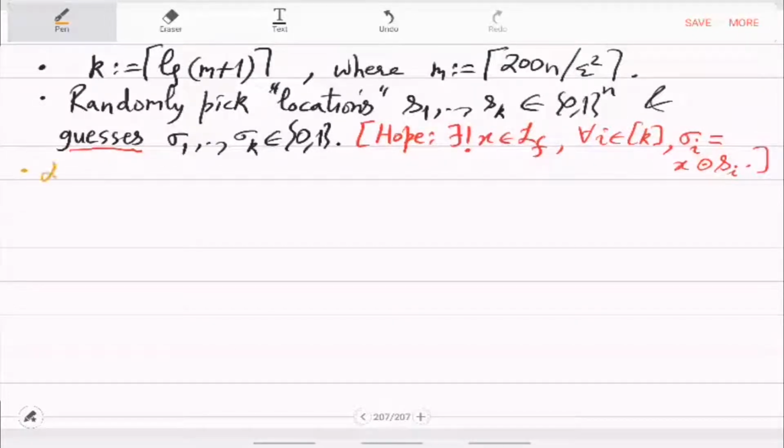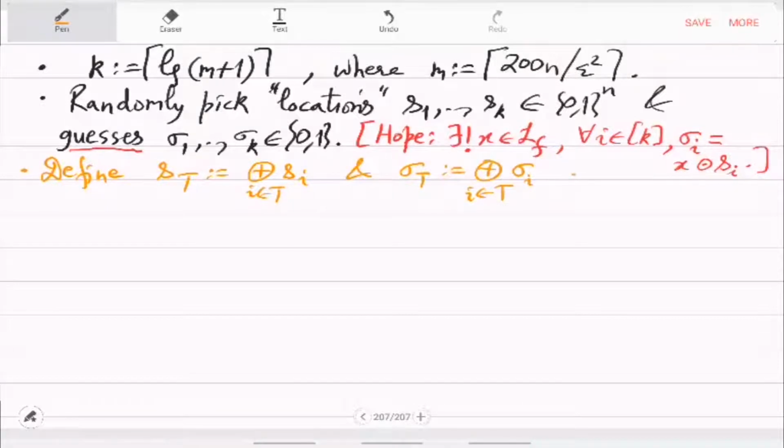And define S_T to be the sum of S_i's and sigma_T to be the sum of sigma_i's, bitwise XOR, for all subsets T. So for a subset T, for example, the subset 1 and 2, S_T is S1 plus S2 and sigma_T is sigma 1 plus sigma 2.